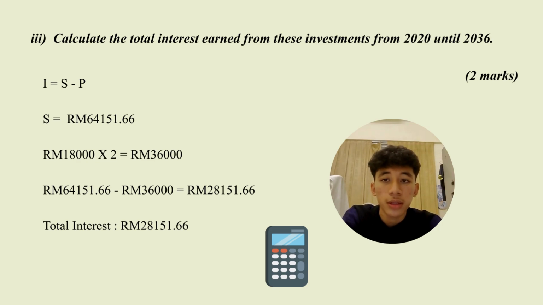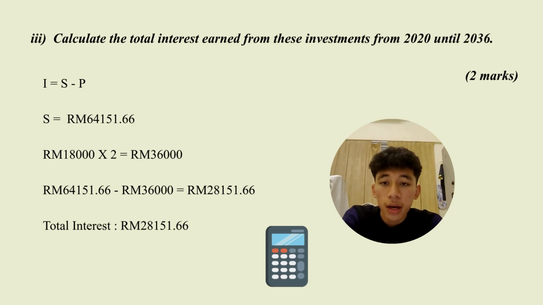For question 3, calculate the total interest earned from this investment from 2020 until 2036. To calculate the interest, we use the formula I equals S minus P. S is equal to RM 64,151.66, and the principal is 18,000 times 2 equals RM 36,000.